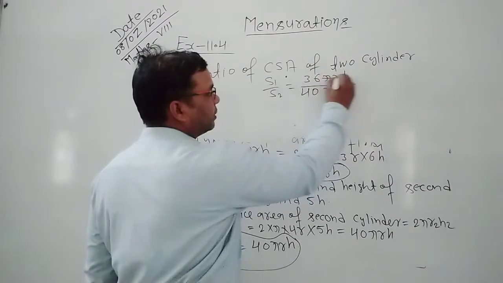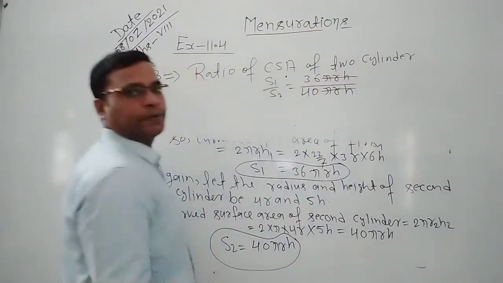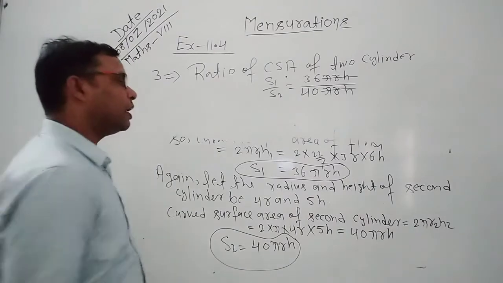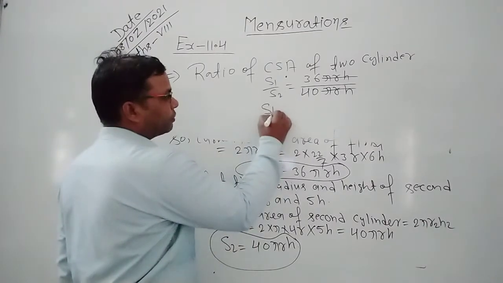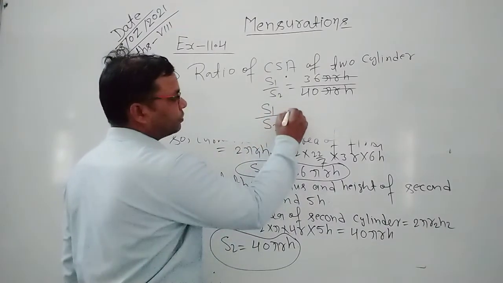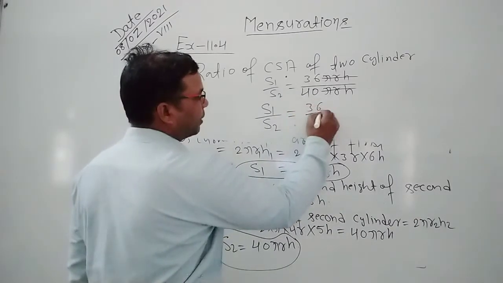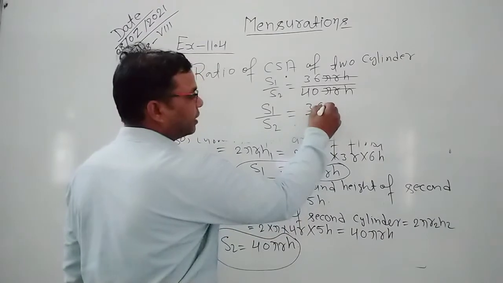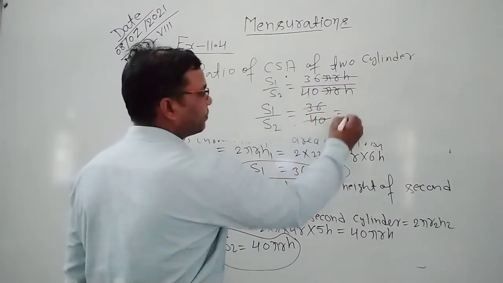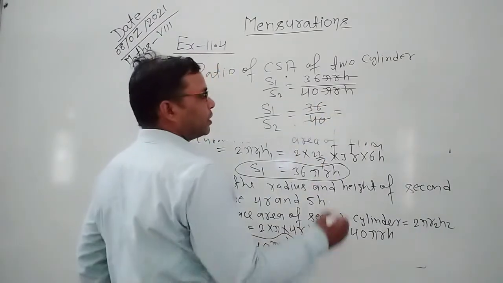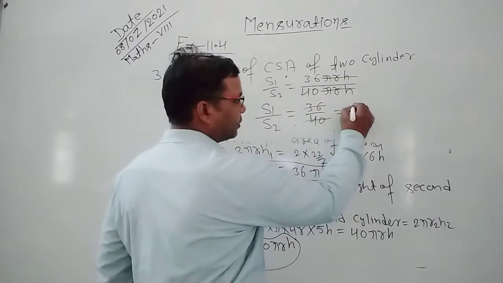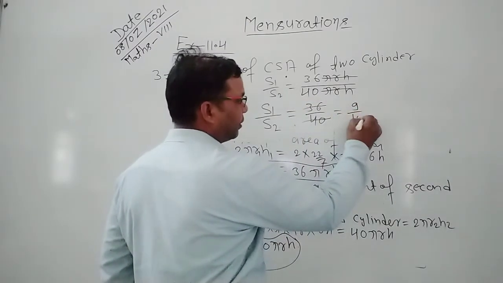So pi r h is cancelled. Now S1 by S2 is equal to 36 by 40. You can simplify this, then you get 9 by 10.